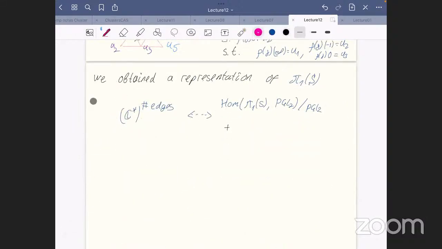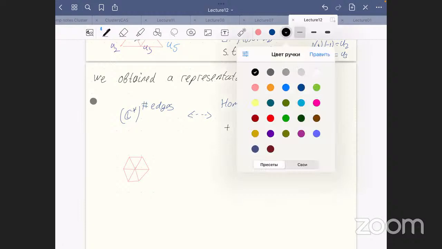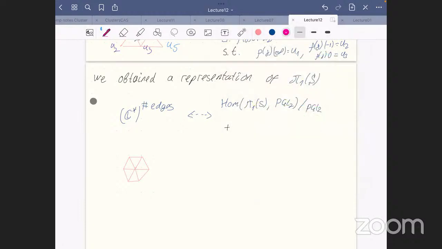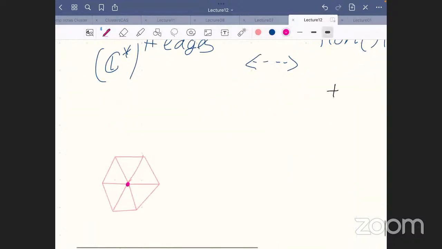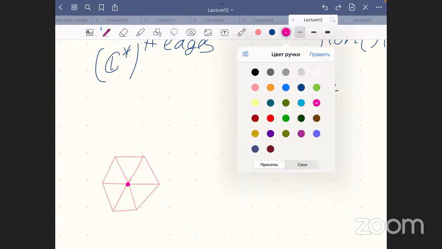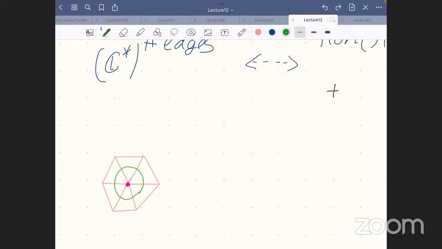If you just go around some point, let me draw it as a puncture, and you have some path around it, gamma.